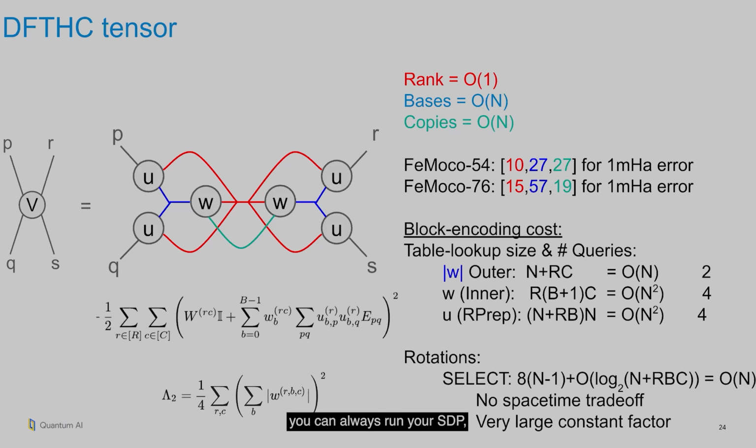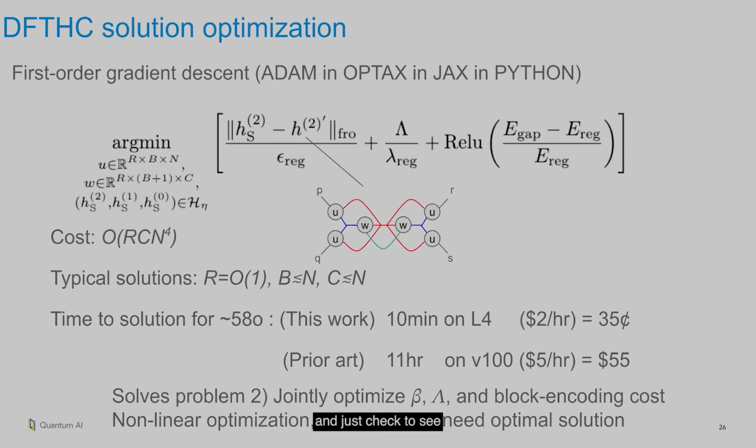You can always run your SDP, or you could always run this optimization and just check to see if overall lambda and beta are better than the original lambda you started with. You could just run it and see if it works. Of course, it would be very nice if you had guarantees that you had the best possible lambda and the best possible beta. That'd be very nice. Maybe the optimal solution to this is a factor of 10 better, but we don't know.